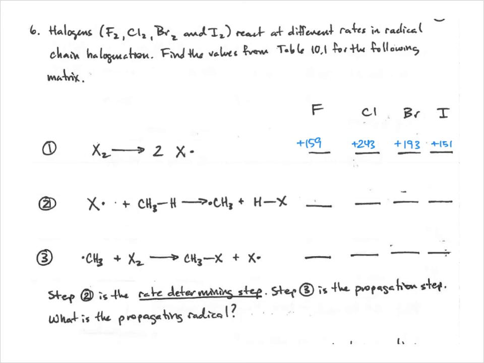Remember, this ties back into what we just did. You have to look up this value. You're cleaving this bond. Then you have to look up this value. You're cleaving that bond. Then you're adding those two together.